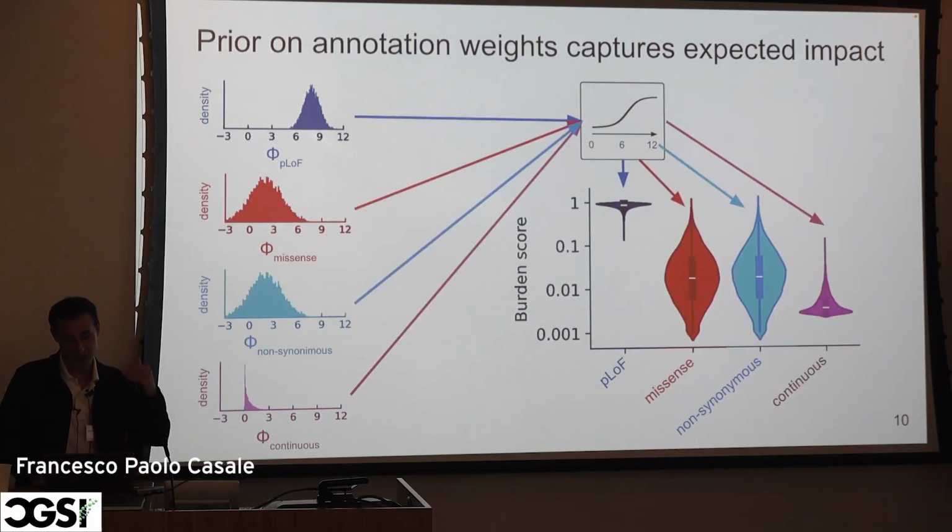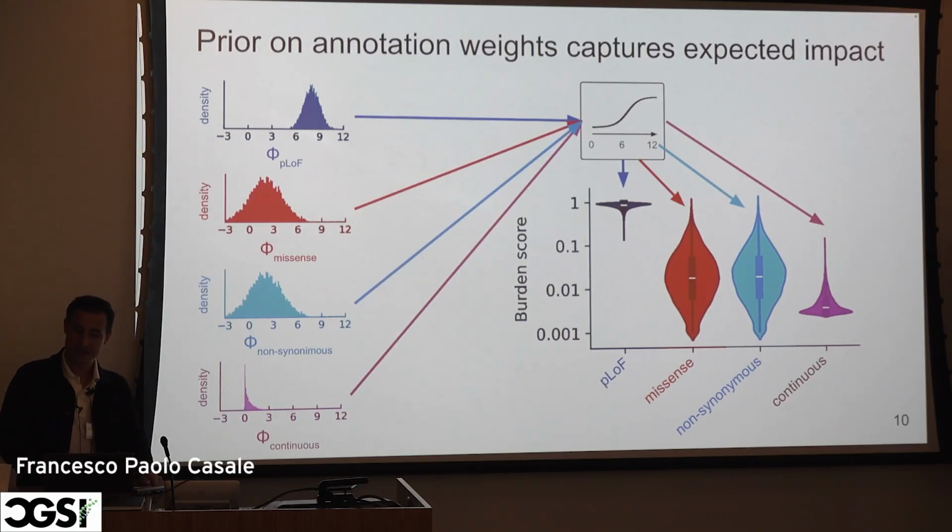And then we give, of course, a lower impact to other annotations like missense and non-synonymous, and we give quite low impact to all the continuous annotations coming from these deep learning models and other machine learning based models, because these are many, and some of them are not always reliable in all cases.